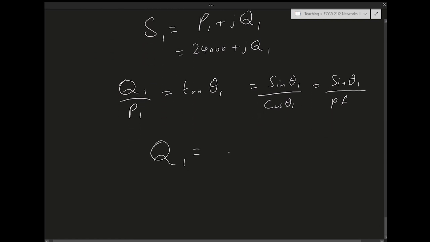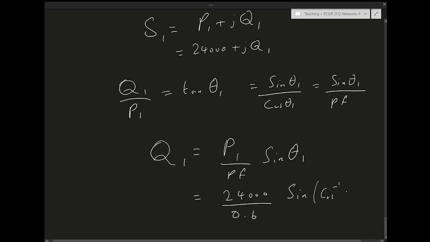Q1 is going to be simply P1 over the power factor times sine theta 1. Right? So Q1 is going to be 24,000 over 0.6 times sine theta 1. Theta 1 is a power factor angle, so it's going to be cosine inverse 0.6, right? And because it's lagging, that means that the current is always going to be behind the voltage, right?